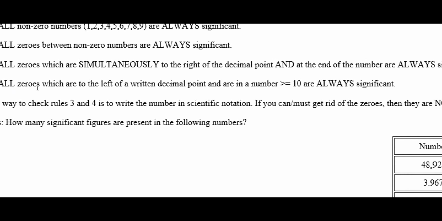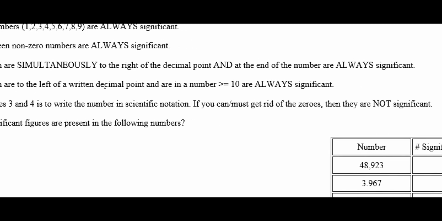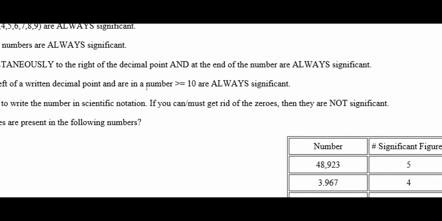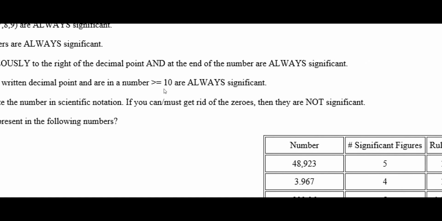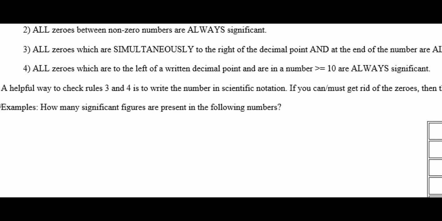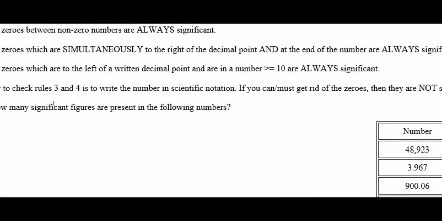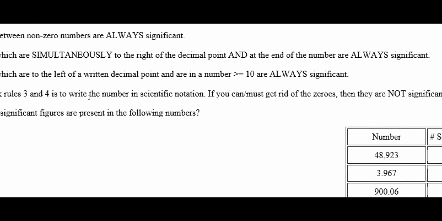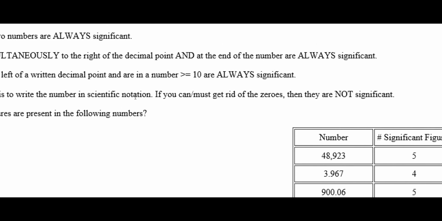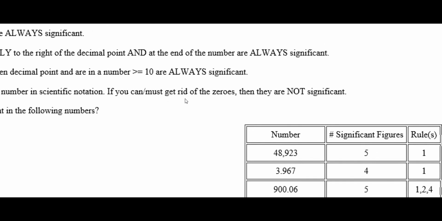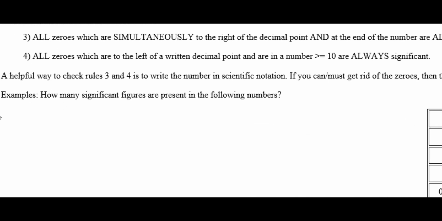All zeros which are to the left of a written decimal point in a number greater than or equal to 10 are always significant. A helpful way to check rules 3 and 4 is to write a number in scientific notation. If you can or must get rid of the zeros, then they are not significant.